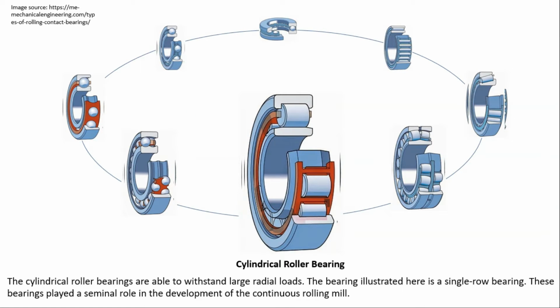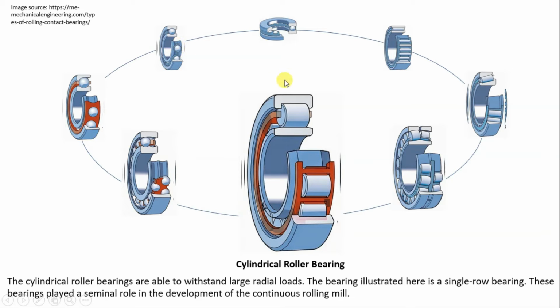Next is the cylindrical roller bearing. In this bearing, the rolling element is changed from a spherical ball to a roller shape. These kinds of bearings are able to take a larger amount of radial force as compared to ball bearings.